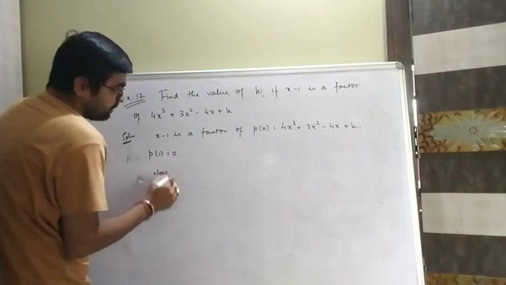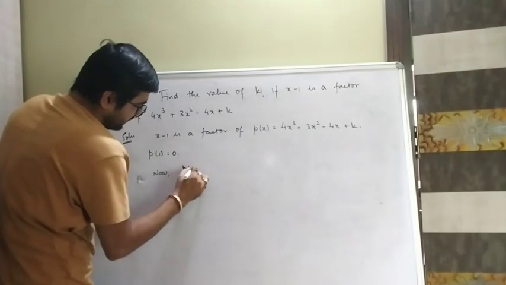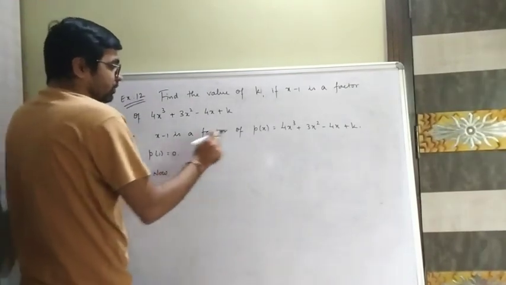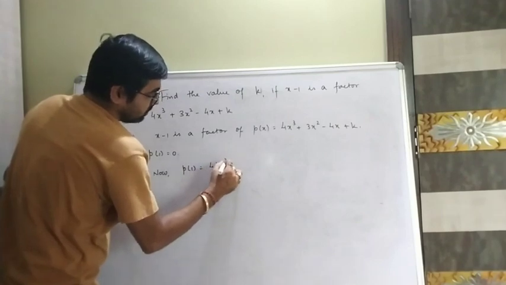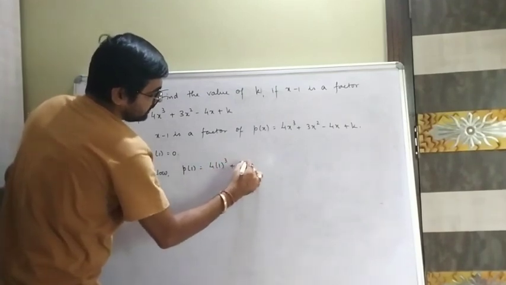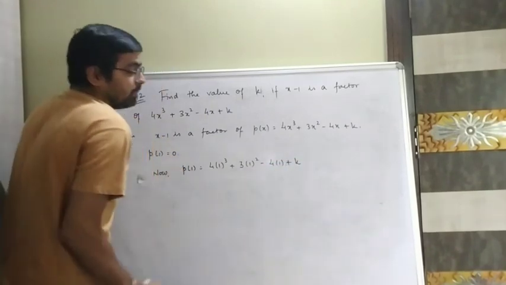Now if I know that p of 1 equals 0, then let's find out what we are getting. If I replace this x by 1, it becomes 4 into 1 cube, 3 into 1 square, minus 4 into 1 plus k.